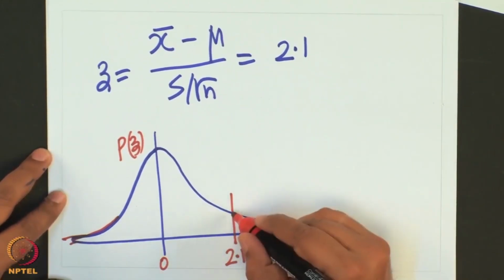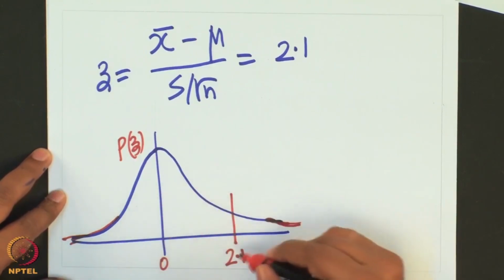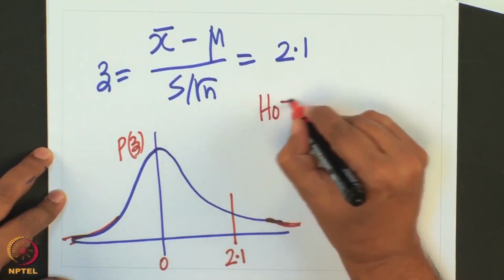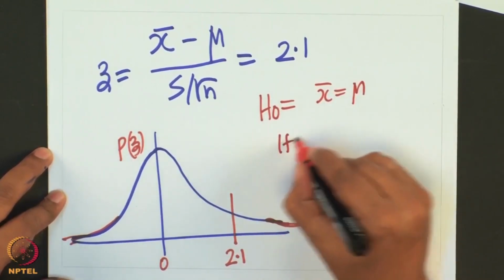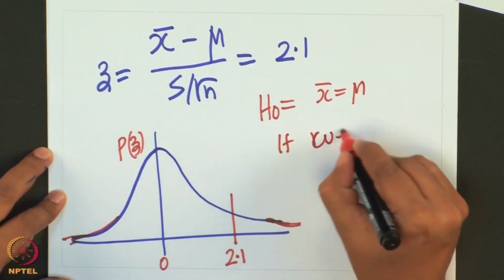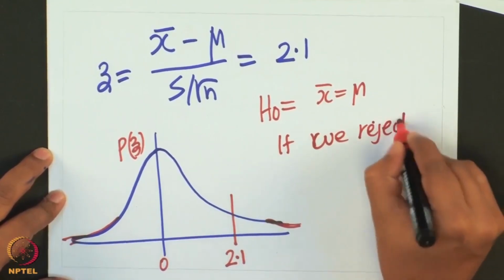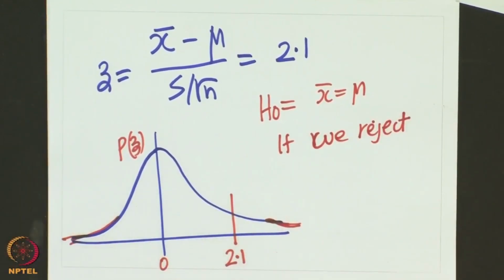Therefore, if we reject this null hypothesis H0, which says that x bar is equal to mu, there is likely to be some error.